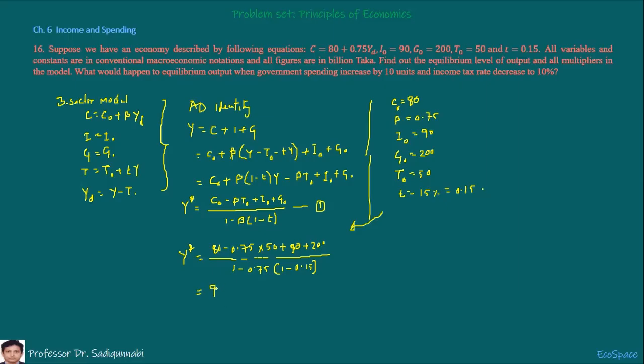After using the calculator, we find 917.24. This is the equilibrium level of output. Now all multipliers.